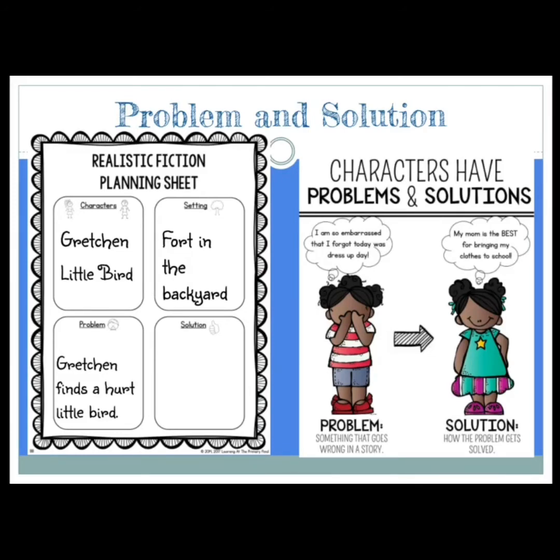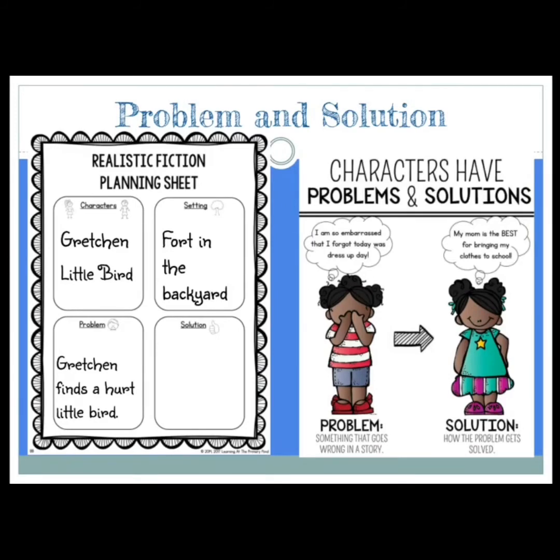Now, that's a big problem because Gretchen's not a vet. So how is she going to solve this problem of a hurt bird? She loves animals and she's helpful and kind, so she can't just leave it there. So how on earth can we solve this problem of the hurt bird?